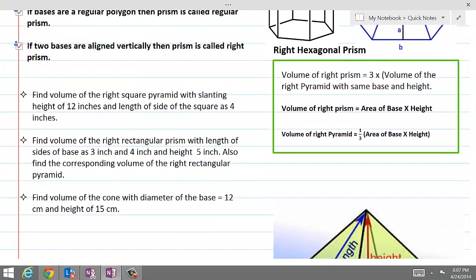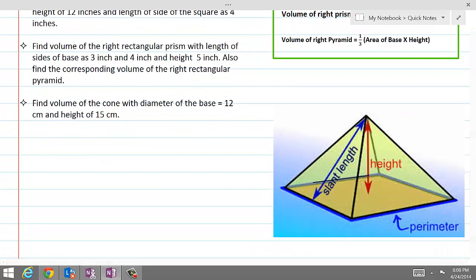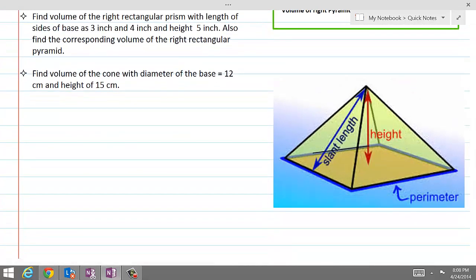First question is, find the volume of the right square pyramid with slanting height of 12 inches and length of side of the square as 4 inches. Here for this pyramid, the base is a square. So what would be the volume of the pyramid?